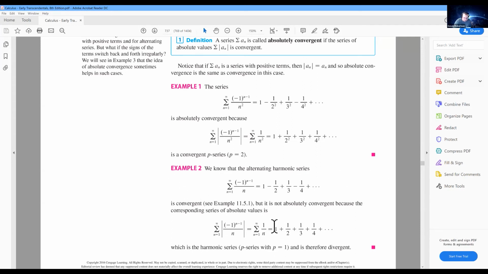If you make everybody positive, don't you get the harmonic series? And doesn't that diverge? So can you see there's an example of a series where if you left it alone, it would converge. But if you made everybody positive, the new series diverges. Now, when that situation happens, it's called conditionally convergent.